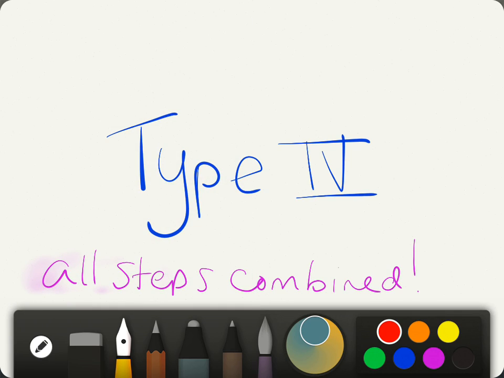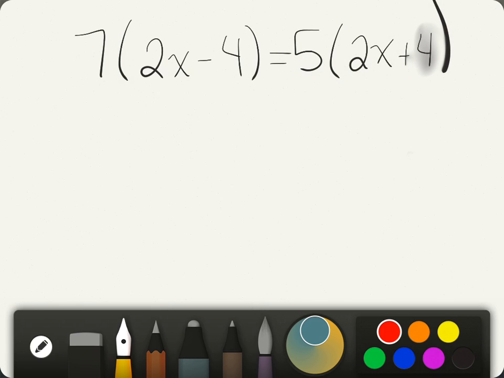For type 4, we're using all the steps in combination. It is very similar to type 1, 2, and 3, but with more steps. We are going to look at 7 bracket 2x minus 4 bracket equals 5 bracket 2x plus 4 bracket.